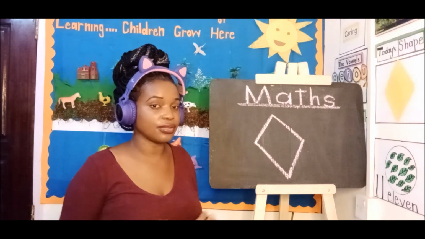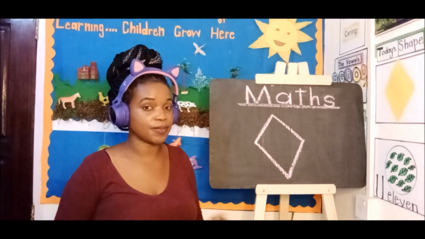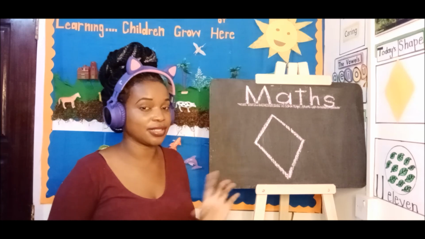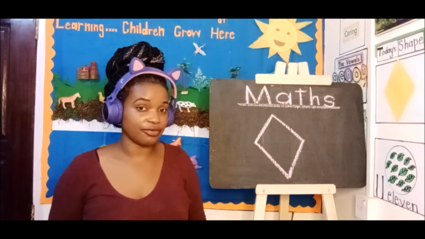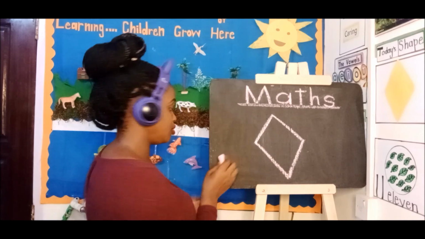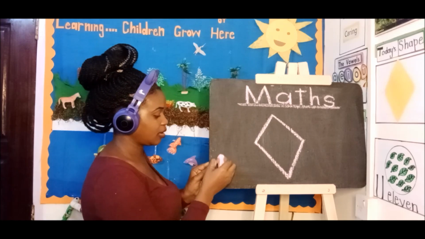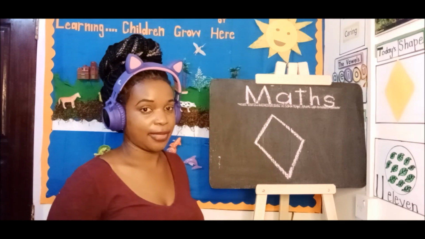Another thing you can do with your child, you can cut out the diamond on a nice piece of color paper and you can paste it in your child's book. And write the name. Those of you who can write, you write the name diamond underneath. Those of you who are tracing, you do the dots and you let the child connect the dots to write the word diamond. Or the child can trace the word diamond.